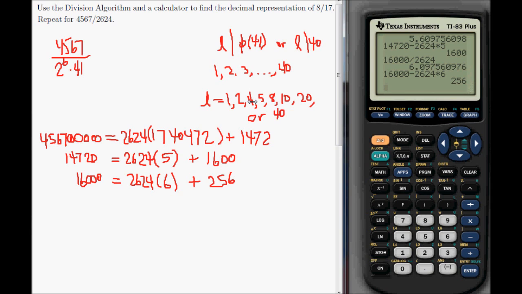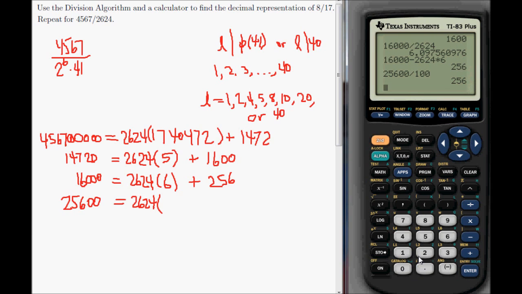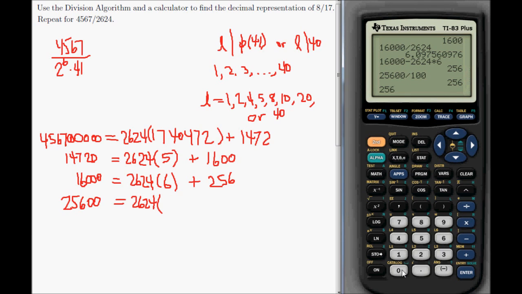So now we'll see if the length is 4. I've already done 2 digits, so let's go 2 more digits. So it's 256, and this time we'll multiply it by 100. So 25600 divided by 2,624 gives me a quotient of 9.